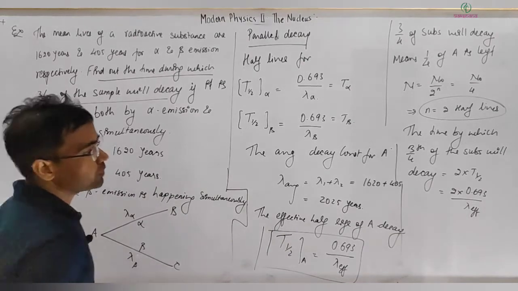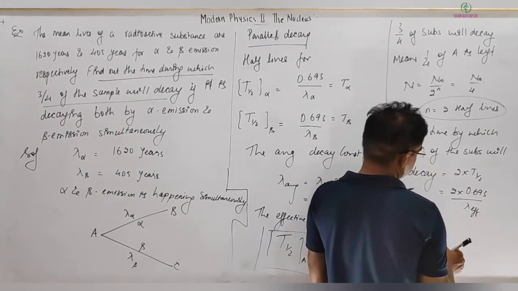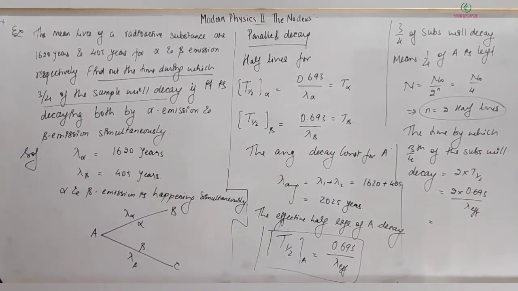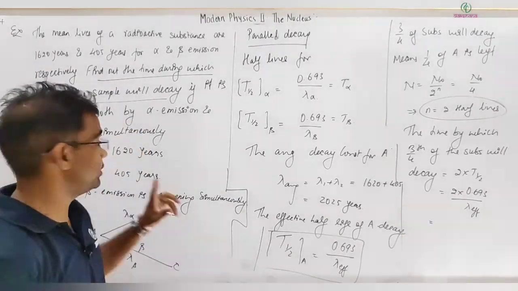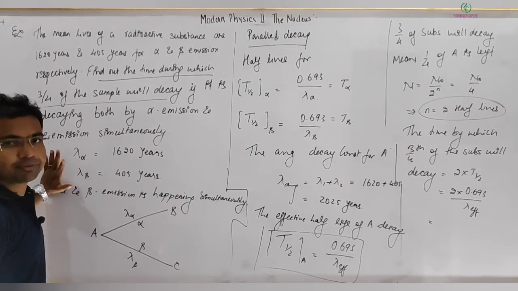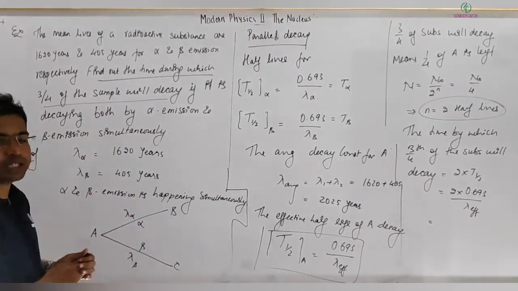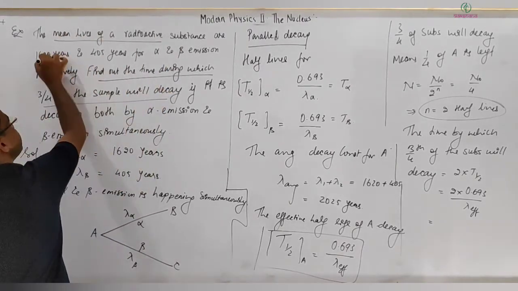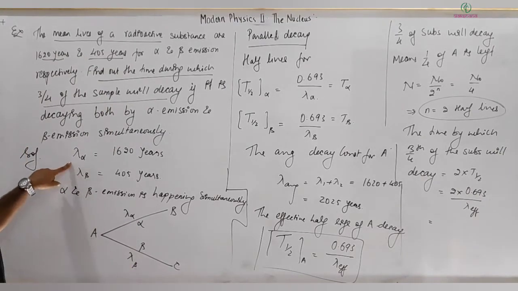Okay, so now I can substitute the values here. Just wait. Actually, there is one mistake I made, sorry for that, and listen to it carefully so you do not get confused. The point is, the question says the mean life of the radioactive substance for alpha decay and beta decay, and I took that mean life simply equal to lambda.